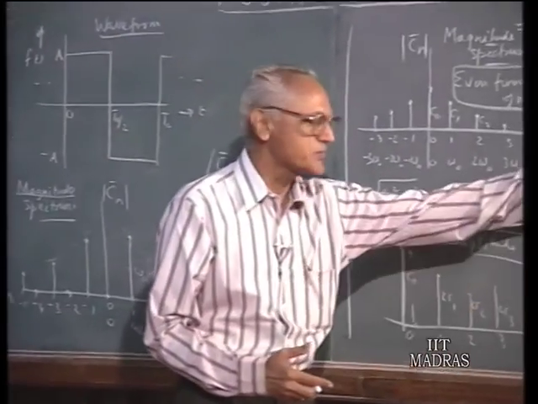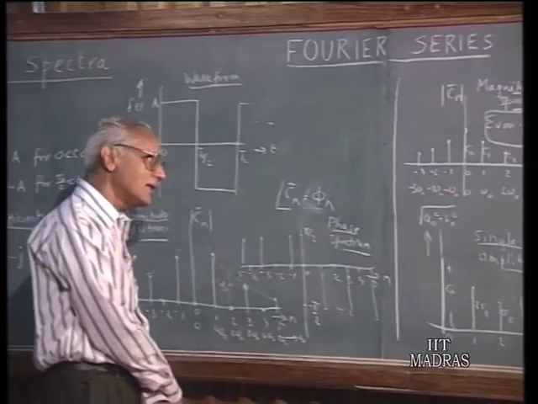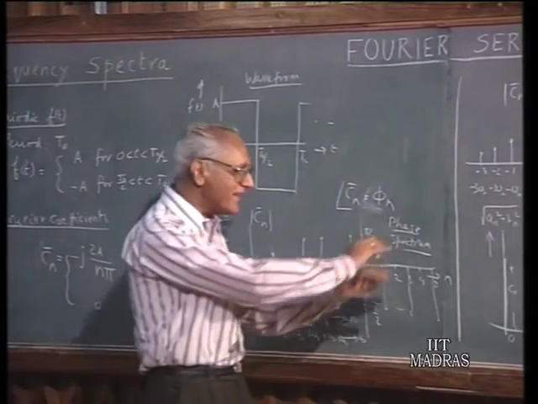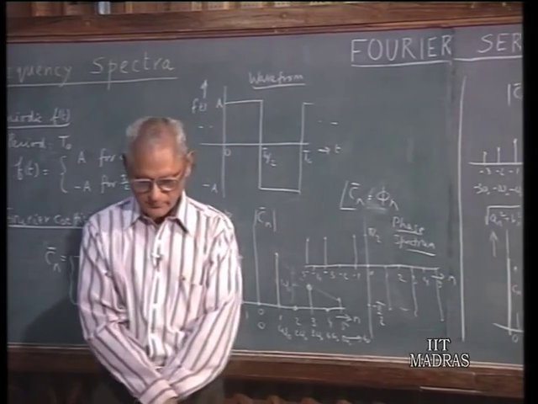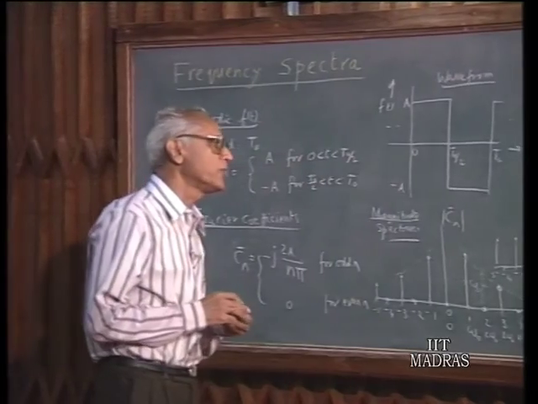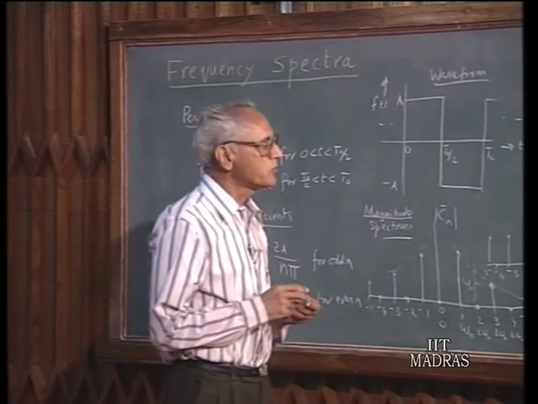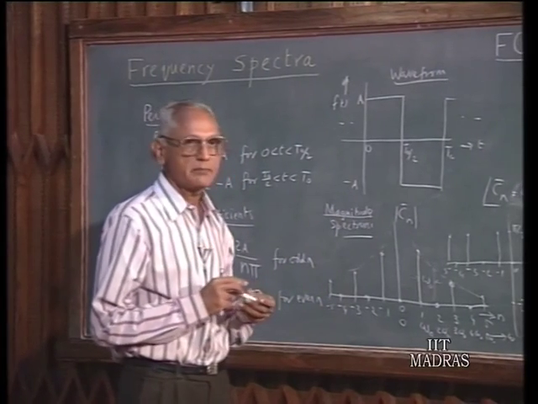So, as far as the phase spectrum is concerned, you do not have any alternative. On the other hand, if you like, you can plot an and bn separately, but that is an unconventional way of doing it. So, since each Fourier coefficient is specified by two parameters, we need to have two spectra, and usually we do this in the form of a magnitude spectrum and a phase spectrum.